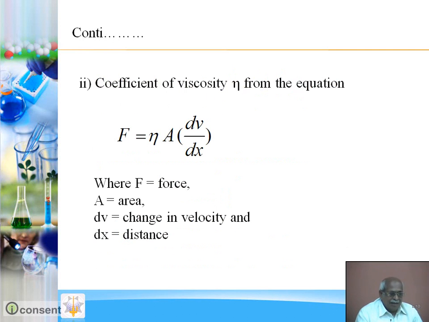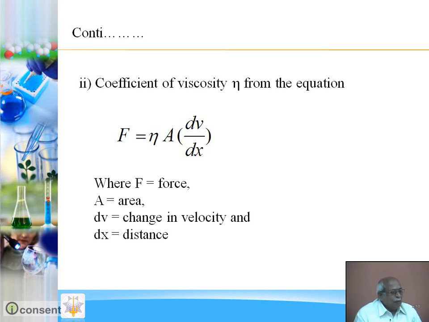In the same way, by using the same method, you can obtain the unit of coefficient of viscosity denoted by eta, the Greek letter eta. For that, we are given the equation F equal to eta A dV by dx. Once again, for the time being, don't bother what coefficient of viscosity is; you will learn that in the advanced class. Here our concern is whether you can obtain the unit, whether you can handle units.